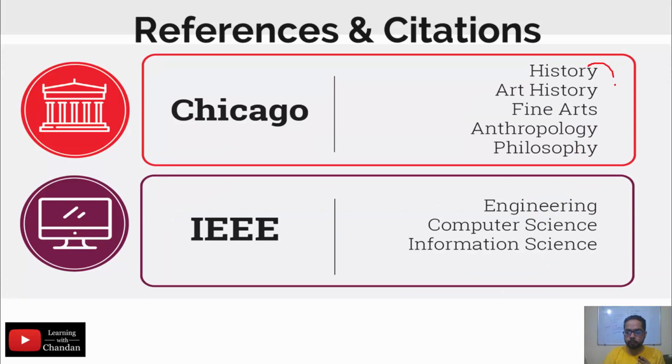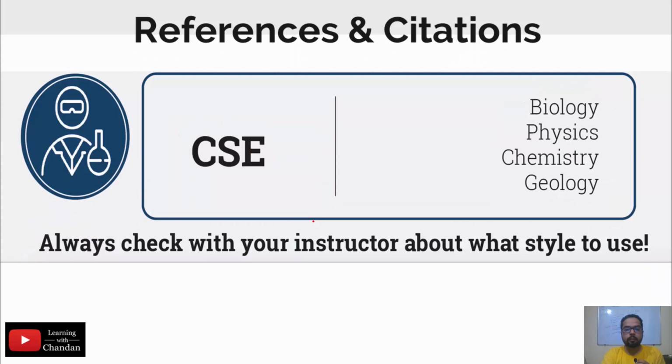If these are your works, then the style we use is Chicago. If this is your field, the citation style we use is IEEE. So this is a very broad topic. In this series, I might not be able to touch all of these things, but I have given you a basic idea about what a reference and a citation is. And if these are your topics, then the style we use is CSE.